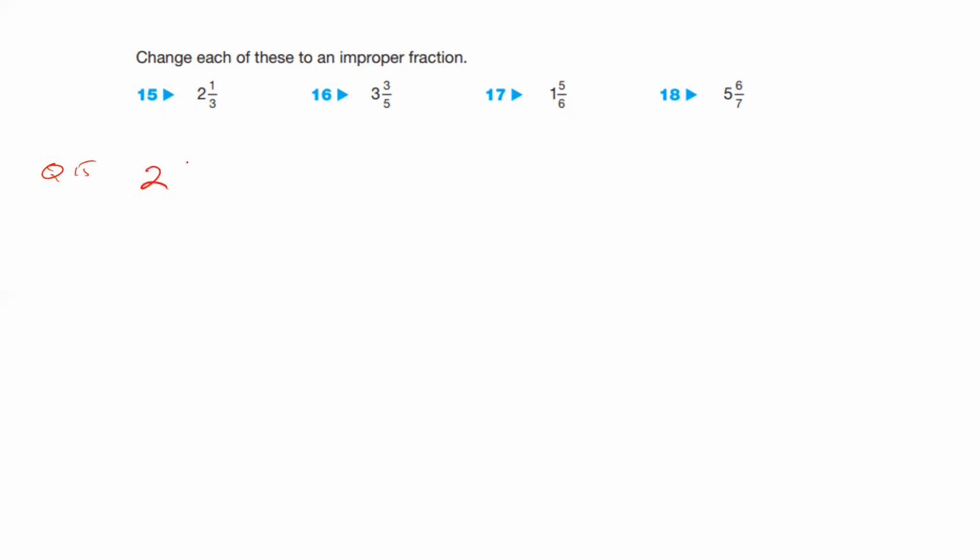So here 2 whole 1 upon 3. The denominator will be multiplied with the whole number and the answer will be added to the numerator. So here we get 2 times 3, which is 6, plus 1 will be 7. So the answer will be 7 upon 3.